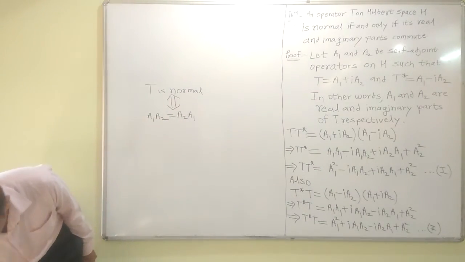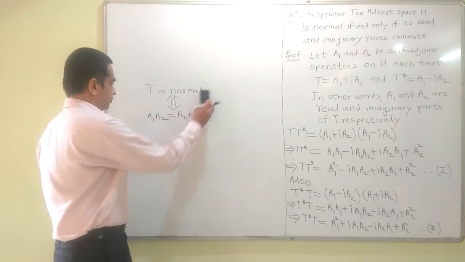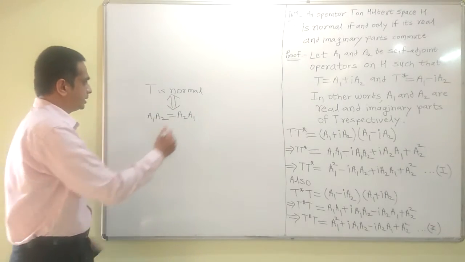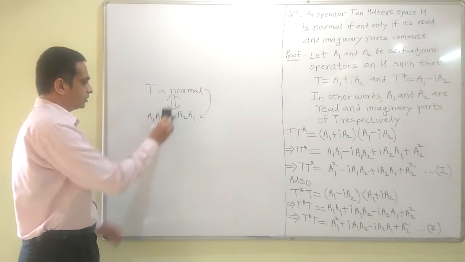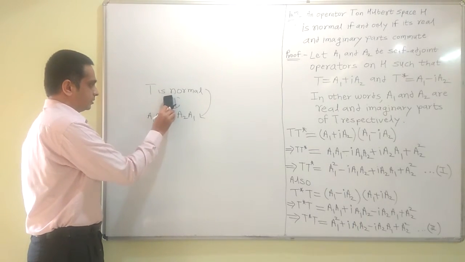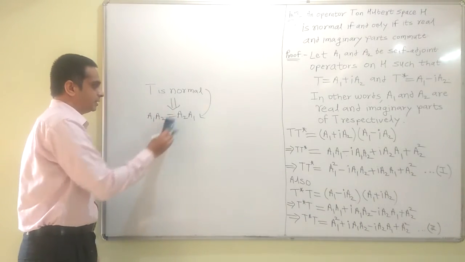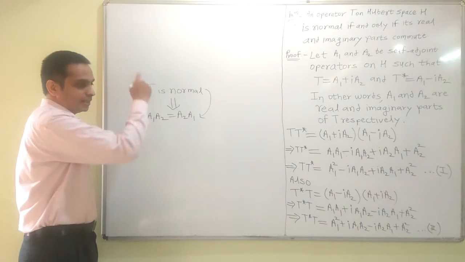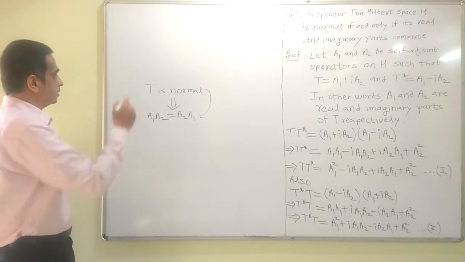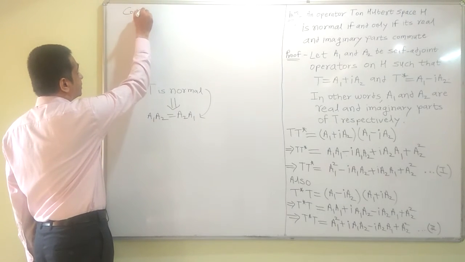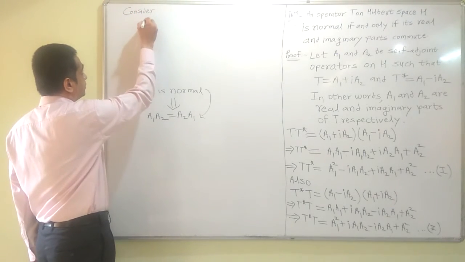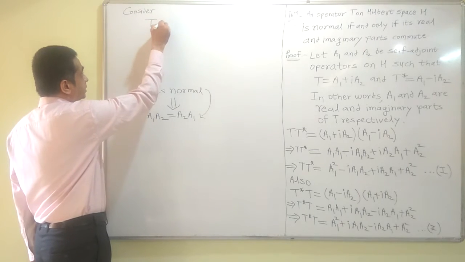Now, we will prove. First, let us prove that if T is normal, then A1 A2 equals A2 A1. This is the forward implication, and then we will try to prove the reverse implication. So consider the fact that T is normal.